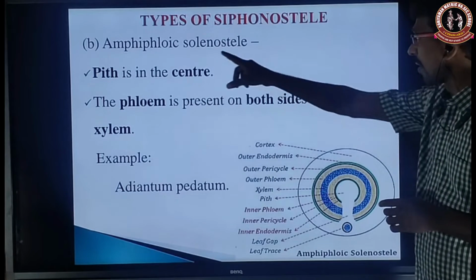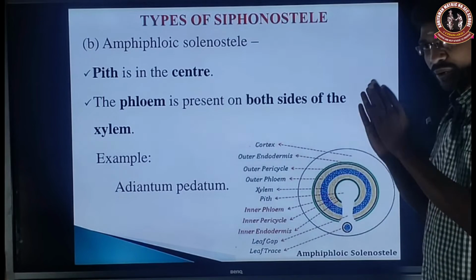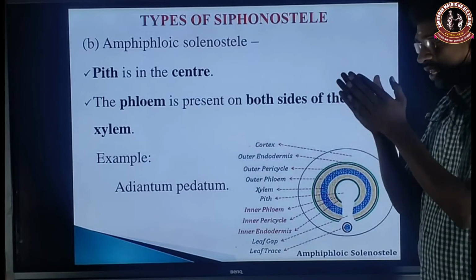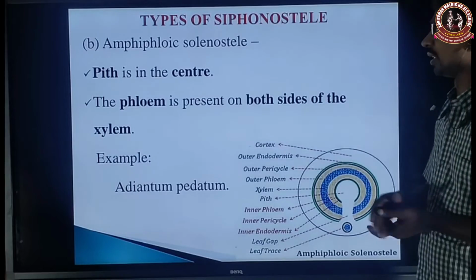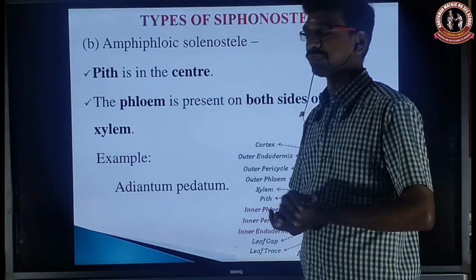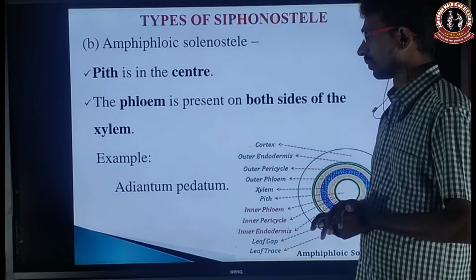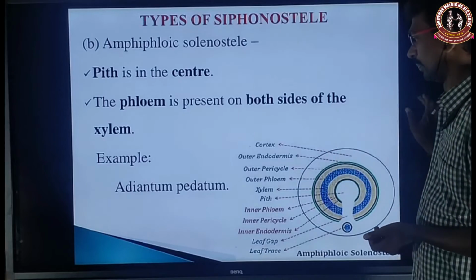So in amphiphloic, the phloem is in two layers. Xylem is between the outer and the inner layer of the phloem. That means xylem at the middle. So both outside and inside the phloem is present. That is amphiphloic solenostele. Pith at the center. Phloem is present on both sides of the xylem. Example, Adiantum pedatum.